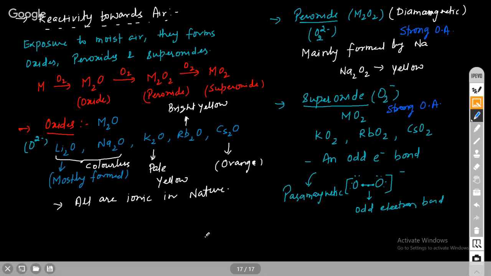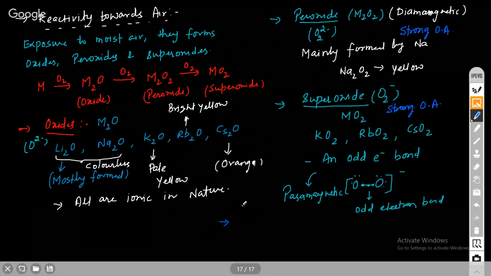Next, one point to write down for peroxides and superoxides: the stability increases as we go down the group.